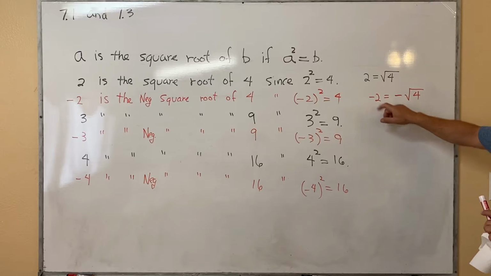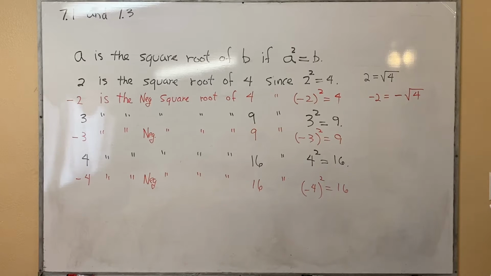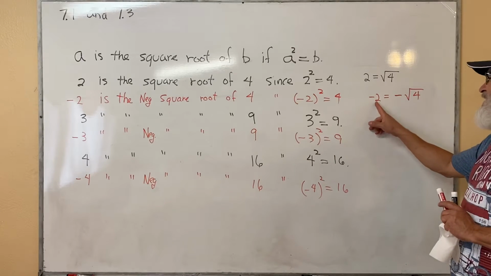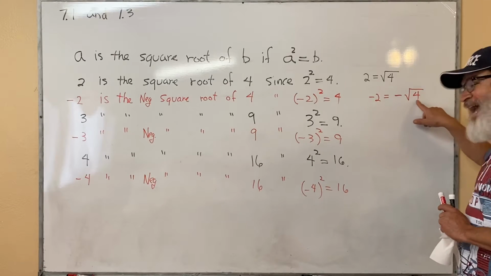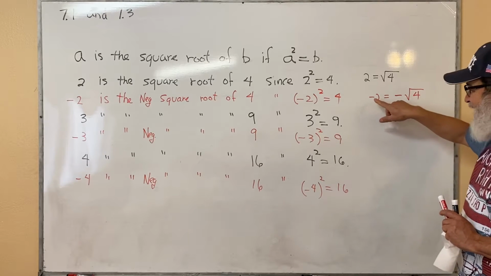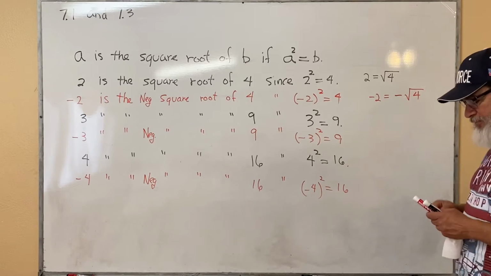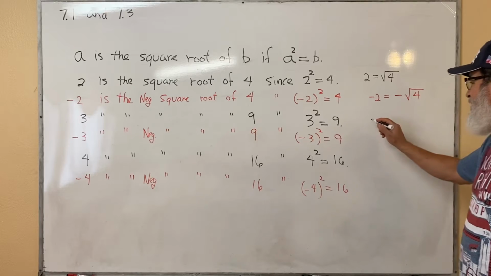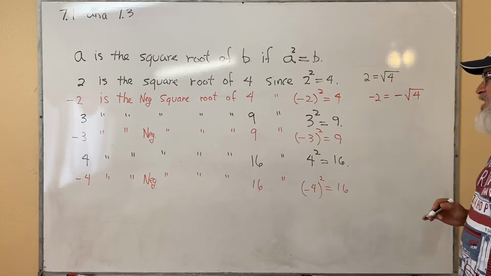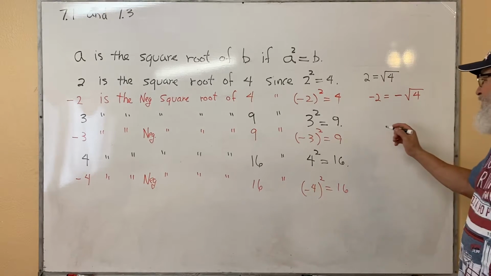This negative 2 is the root, the square root. So when you square this root, you better get the radicand. When you square negative 2, you better get 4. Okay, let's do this one. This is better notation because we don't have to write a whole sentence.